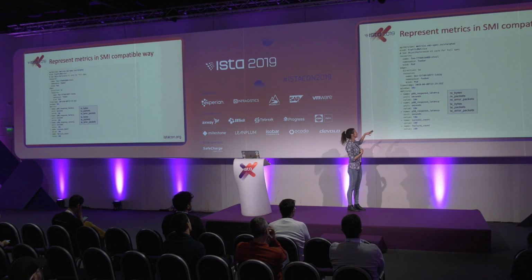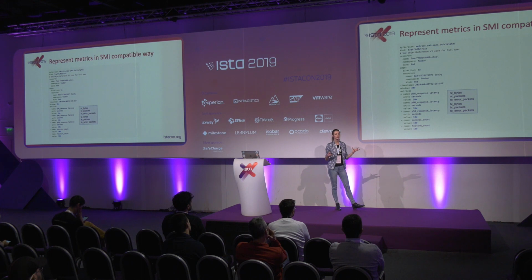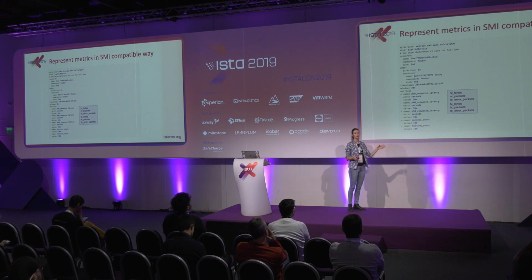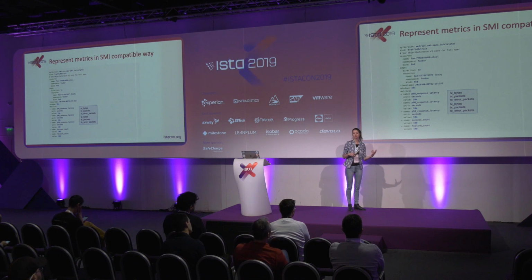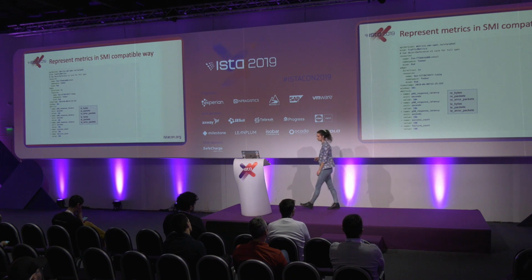Instead of having success, failure count, response latency, we wanted to support that to see what bytes, packets, and error packets are transmitted from each client and endpoint. And actually, those won't be time units, but they would be the number of those values.